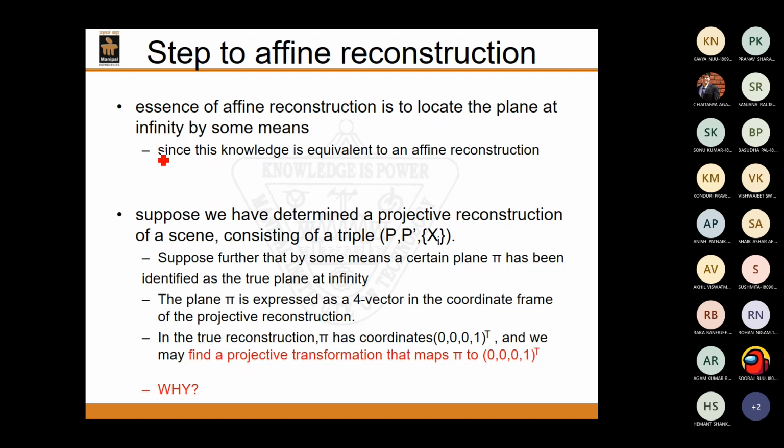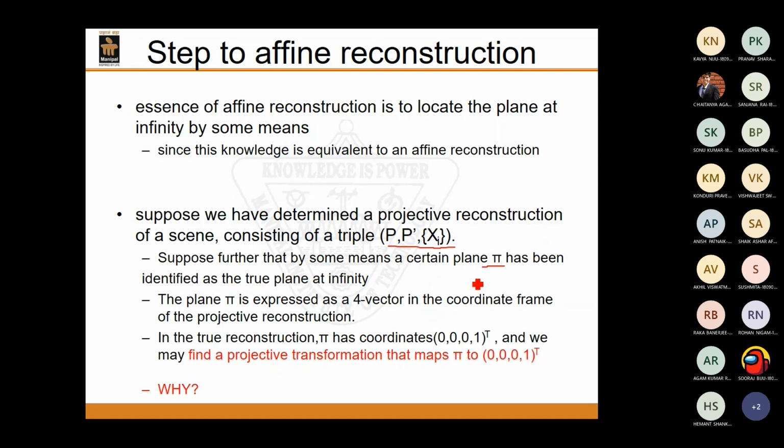So here, let's say we have determined the projective reconstruction, and we obtained the points P, P dash, and X_i is basically the projective reconstruction that we have obtained, right? Now what we need to do is find this plane at infinity, which is pi infinity, in order to say that I'm no longer in the projective space, but I am in the affine space, right?